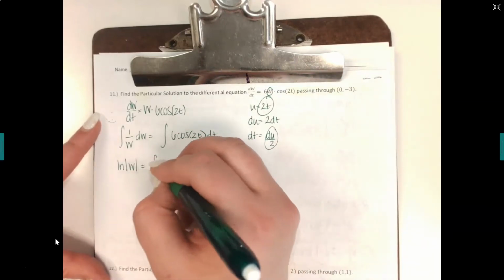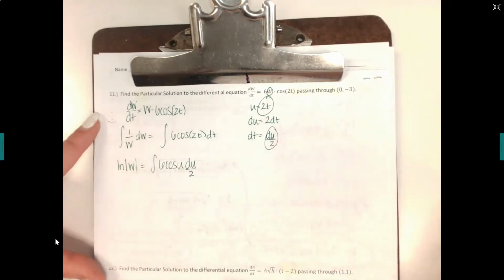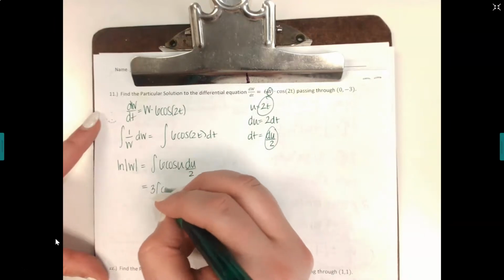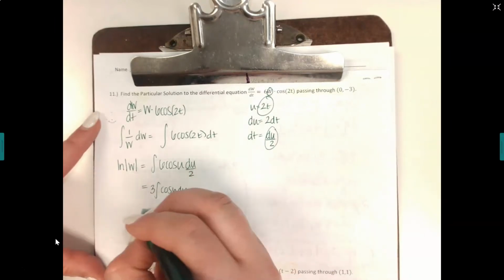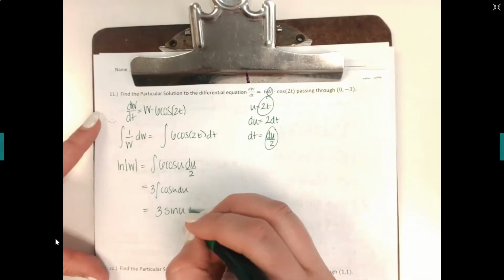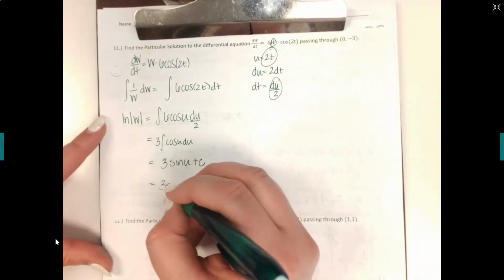So it's going to be 6 cosine u du over 2. What's my constant in the front going to be? 3 integral cosine u du. What's the integral of cosine? Sine u plus c. And then in my next step, sine u is going to turn back into a 3 sine 2t.